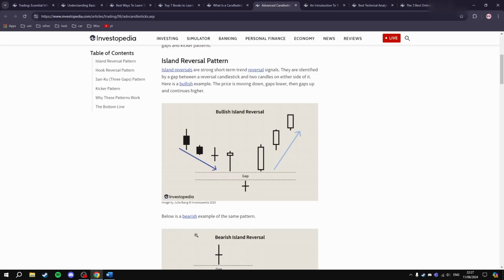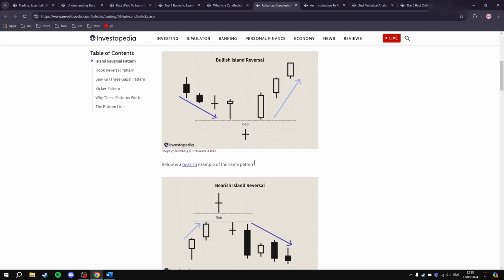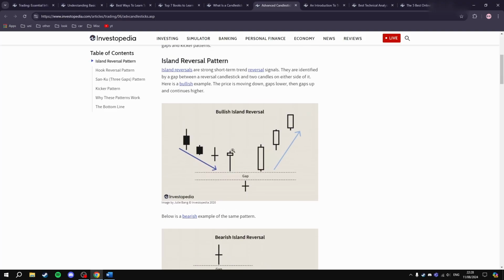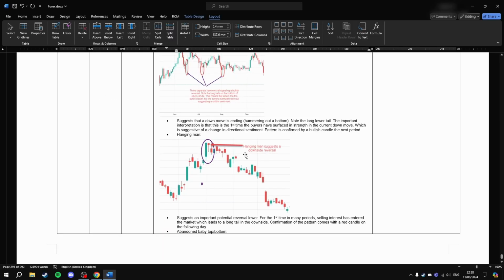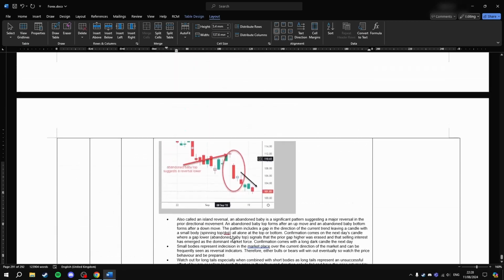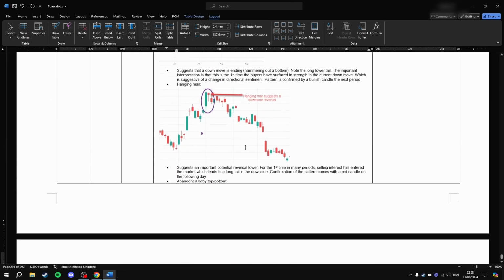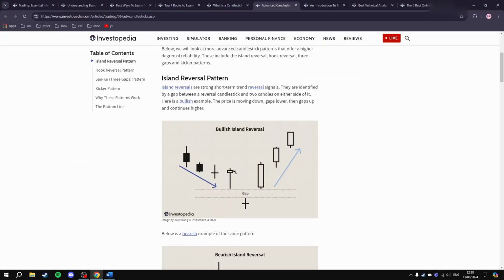So identified by a gap between a reversal candlestick. This looks like a doji. Got a hanging man here. Hanging man suggests a downside reversal. It's got a reversal candle here, and a gap between a reversal candlestick and two candles on either side of it.